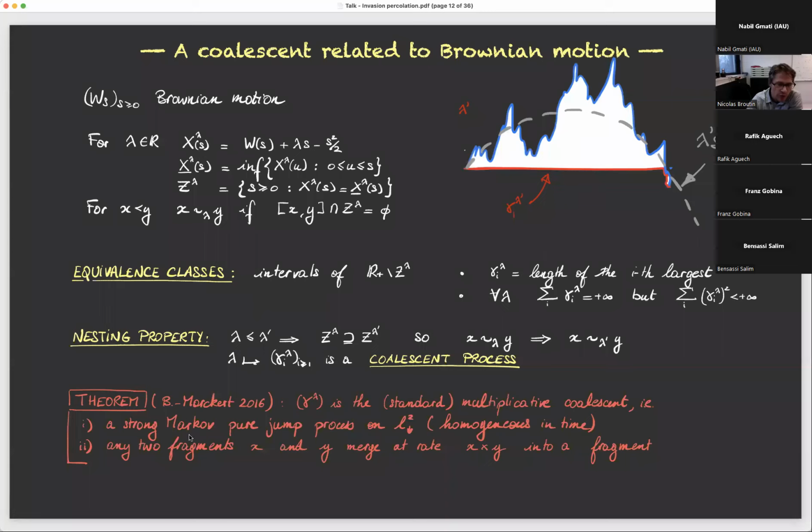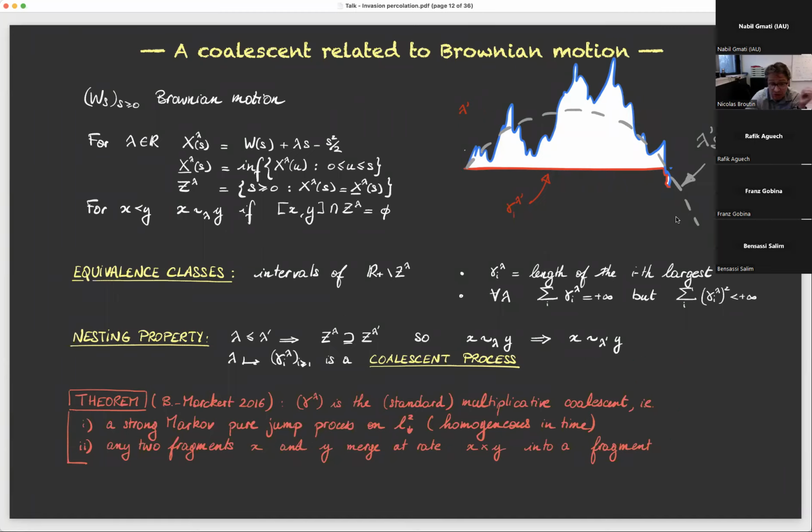So what we've proved with Jean-François is that the process gamma lambda, you remember we had a gamma lambda that was coming from Aldous. Now we take the gamma lambda that comes from this process, where now everything is coupled together. Which means that now not only the laws are consistent, but the gamma lambdas are consistent. As you increase lambda, you really see pieces of the same vector that merge together. So we have proved that this is a strong Markov process, because it is not clear at all that this should be Markov.